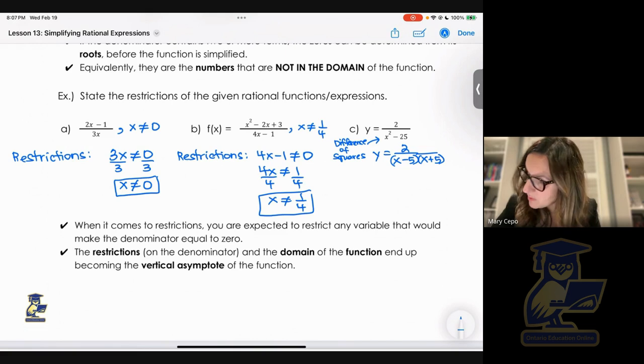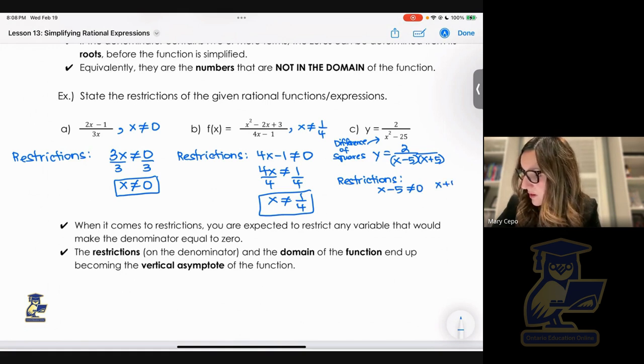Okay, so when we state our restrictions, we have 2 of them. We have x minus 5 cannot equal 0, or x plus 5 cannot equal 0. So simplifying, x cannot equal positive 5, and x cannot equal negative 5.